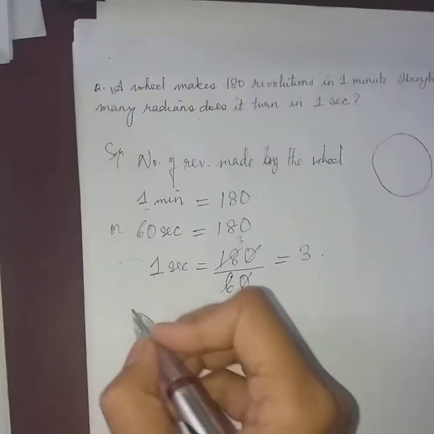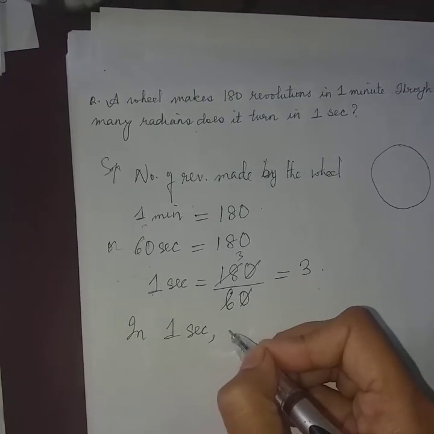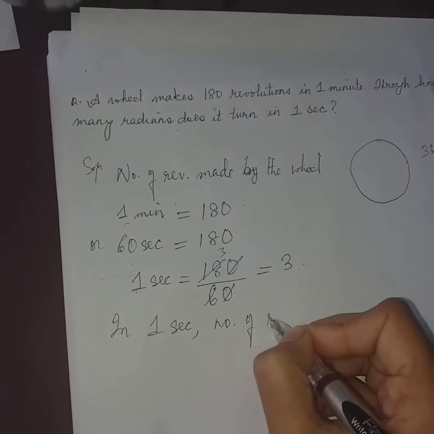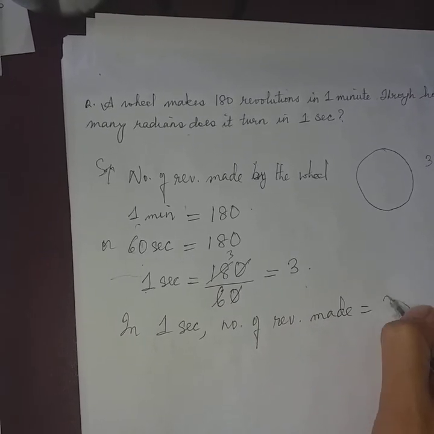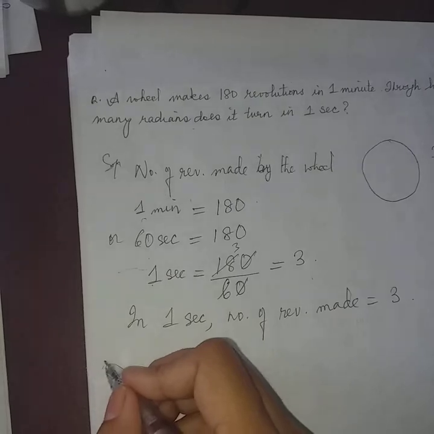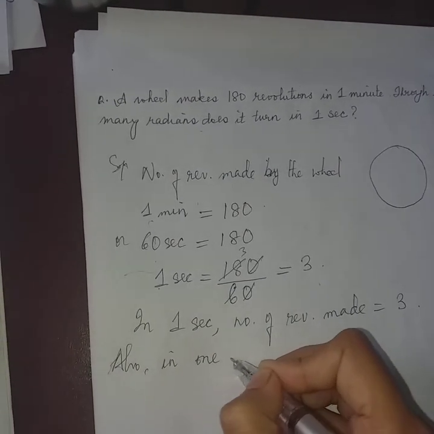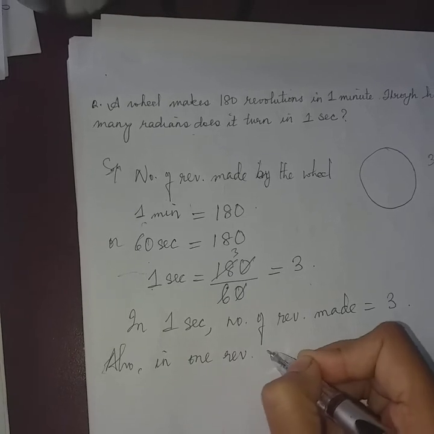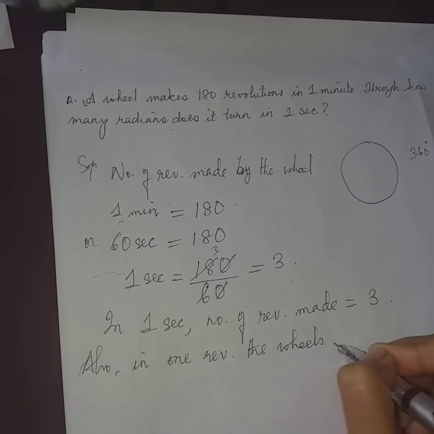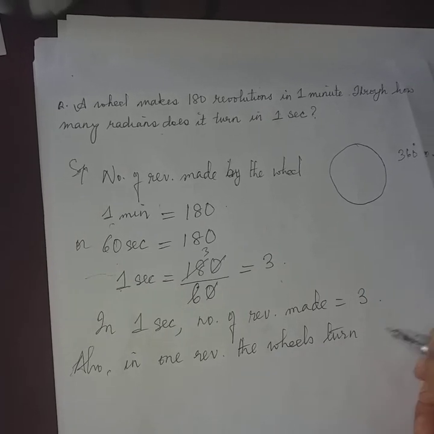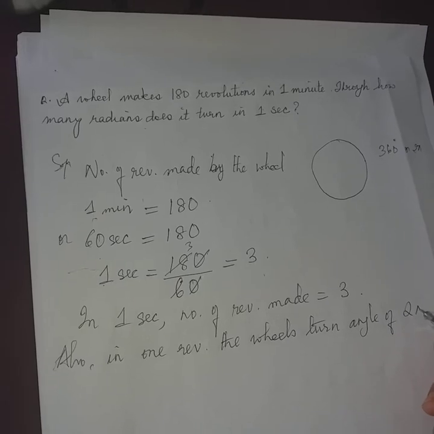Let's write it: in 1 second the number of revolutions made is equal to 3. Also, in 1 revolution the wheel turns an angle of 2 pi radian.